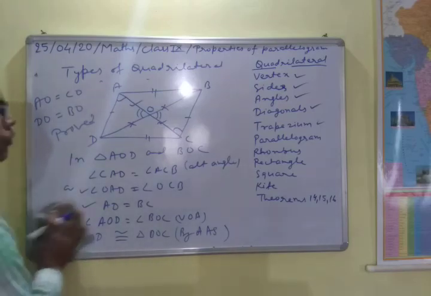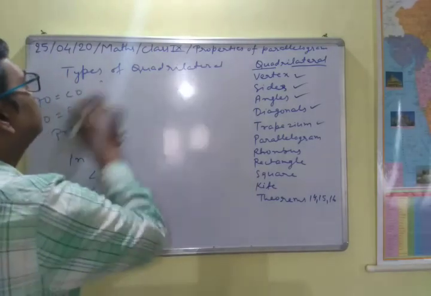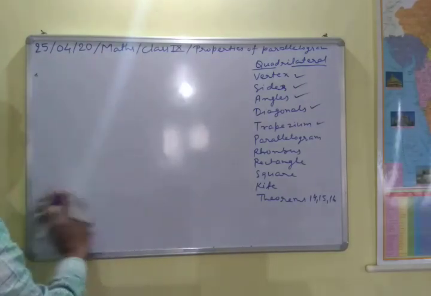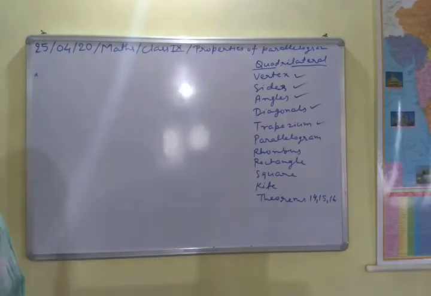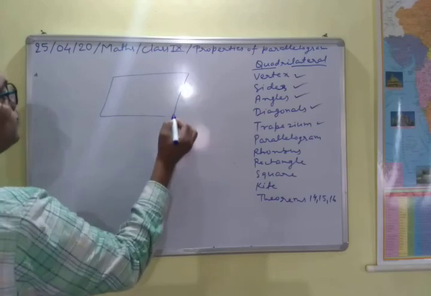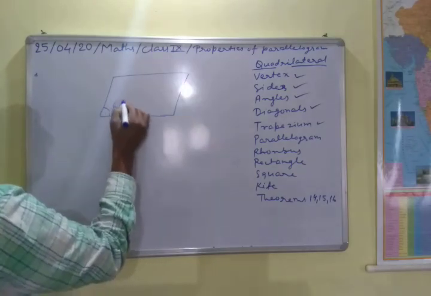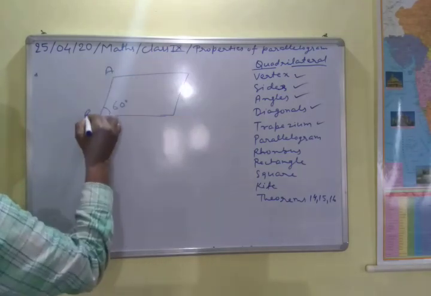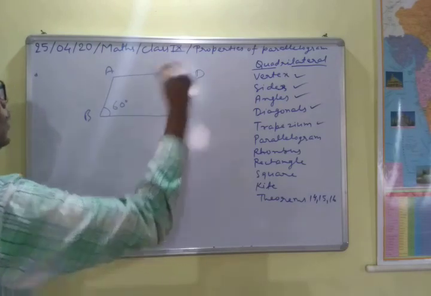Now I will take one question from this. For example, we are given a question like this, that is, here this angle is equal to 60 degree. Suppose A, B, C, D, and we have to find the other angles here.